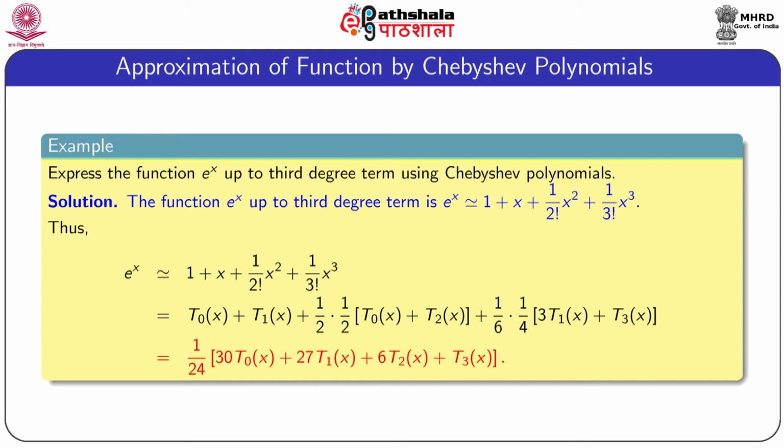After simplification, this expression reduces to 1 by 24 into 30 T0(x) plus 27 T1(x) plus 6 T2(x) plus T3(x). So, the Taylor series approximation contains terms up to the third degree, and after approximation with the help of Chebyshev polynomials, the final expression is also a polynomial of degree 3.